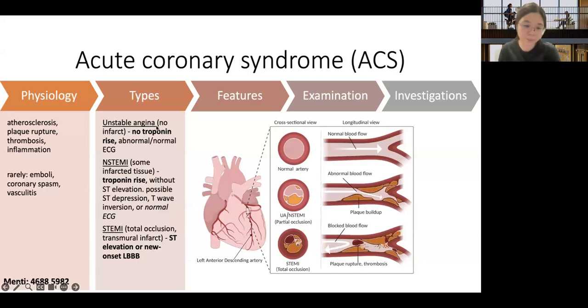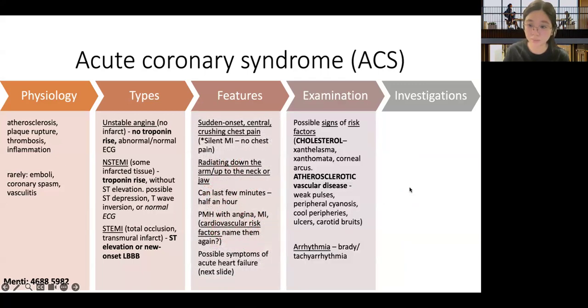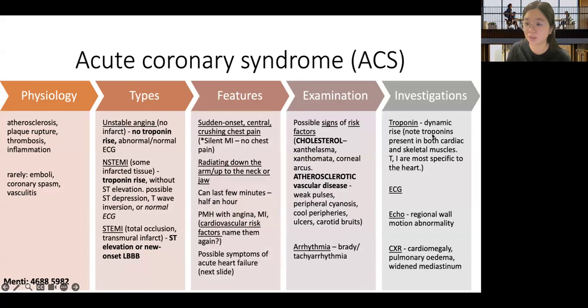Maybe I should explain what troponin is first. Troponin is an enzyme that is present in cardiac and skeletal muscles. If they ask you what kind of troponin specifically, it would be TnI. Because the heart muscle dies, the cells release troponin into the blood, and that's why when you take bloods, you can detect it.